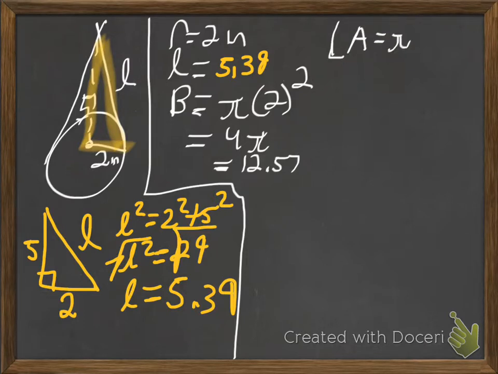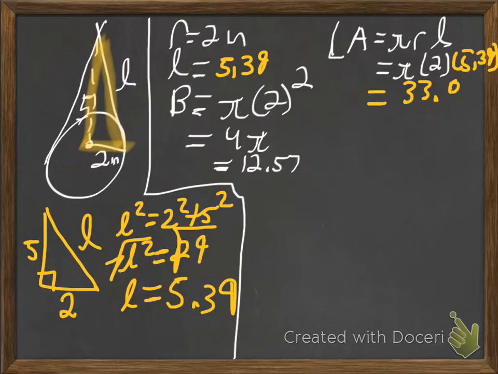Lateral area is pi r L, so pi, radius is 2, L is the 5.39 that we found using the Pythagorean theorem. So pi times 2 times 5.39 is 33.866, so 33.87 for our lateral area.